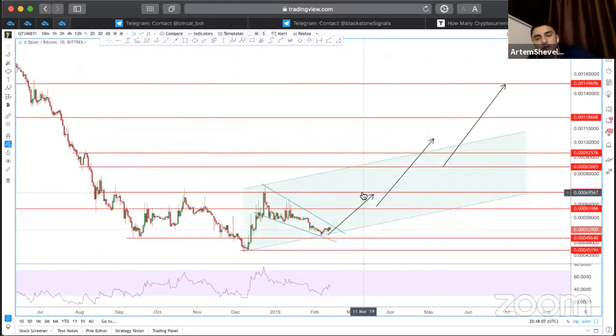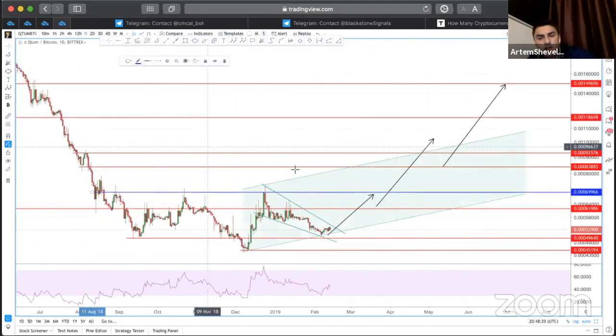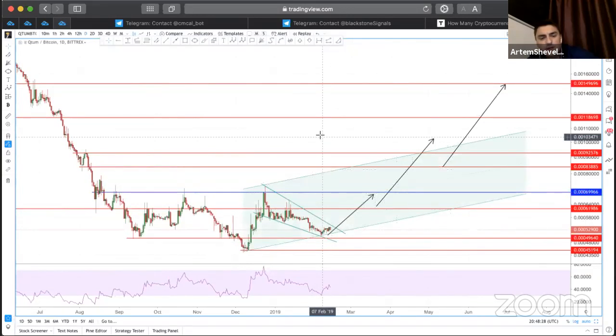The first target right now is the 70,000 level, 62 and 70,000. After a breakout of 70,000, we're going to see a really giant move to the upside with these levels: 83, 92, 120, 150. So this is a lot of profit for the long term.